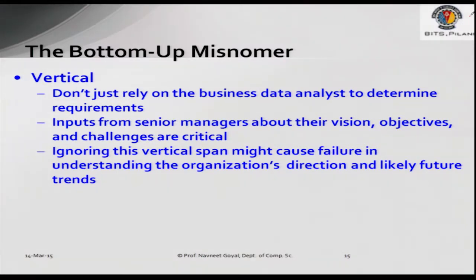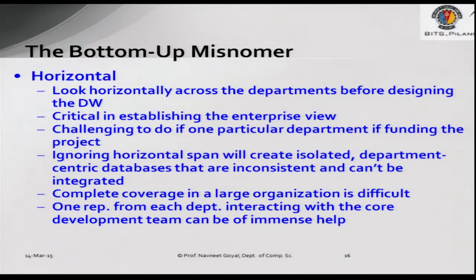So it is very important that even if you are looking at a particular business process or a particular department, you must go and talk to people at the higher levels of management to understand what they want to do in the future, and try to incorporate that as much as you can into the data mart. And the horizontal span basically means look horizontally across the departments before designing the data warehouse.